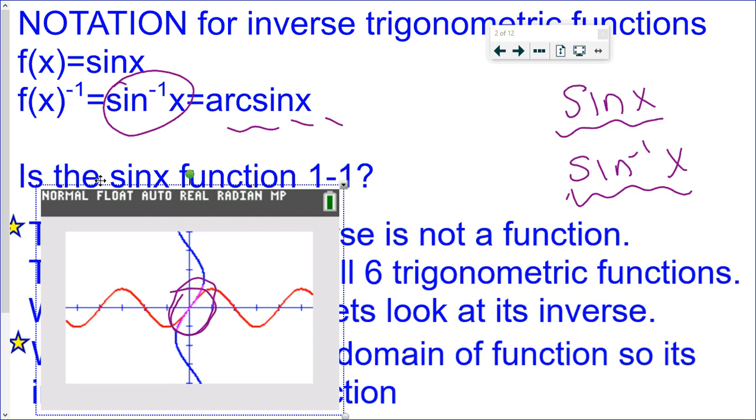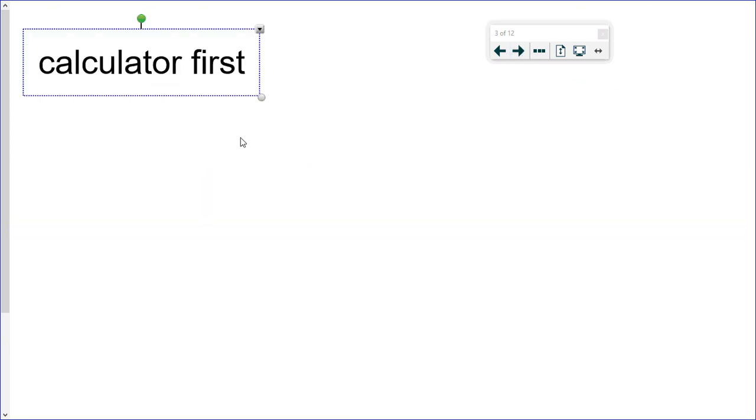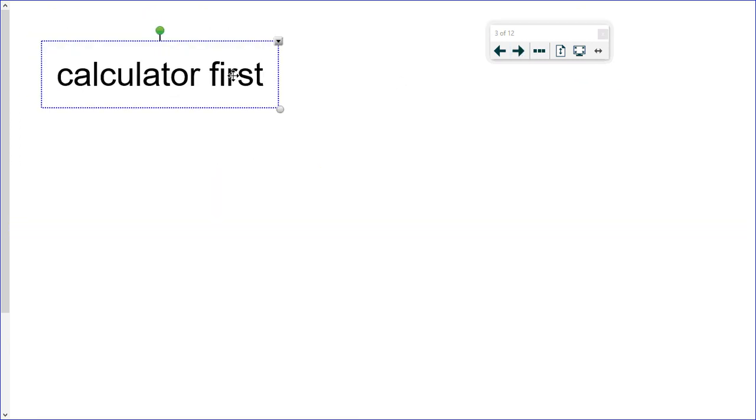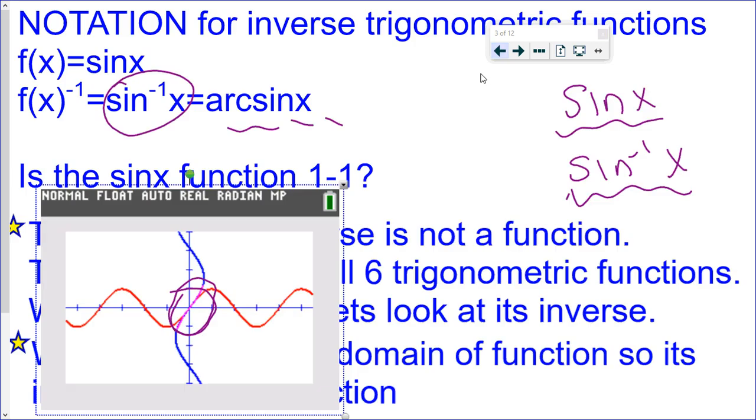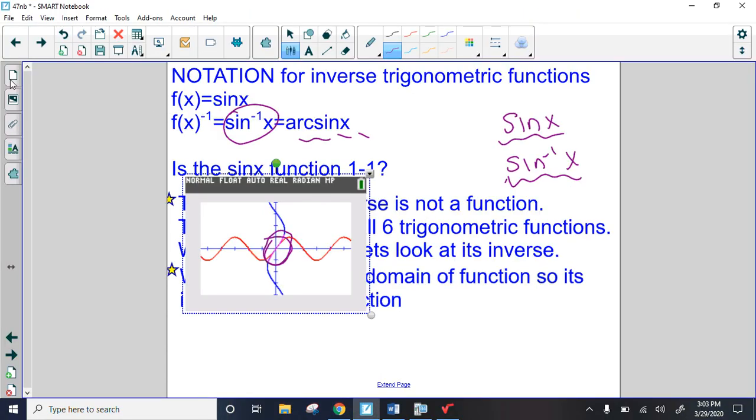Okay. So in order to limit the quadrants, we're going to make them make sense first. Okay, I need a new page.